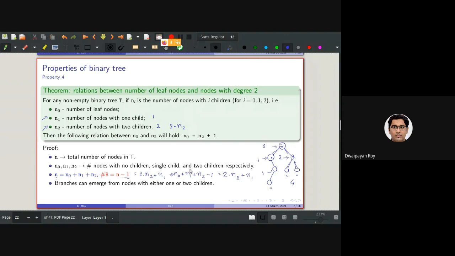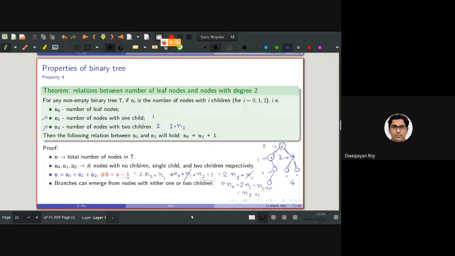Now if we do the math, the n1 will cancel out, and if we take n2 and the minus 1 to the other side, we get n0 equals 2n2 minus n2 plus 1. Altogether it will be n2 plus 1.